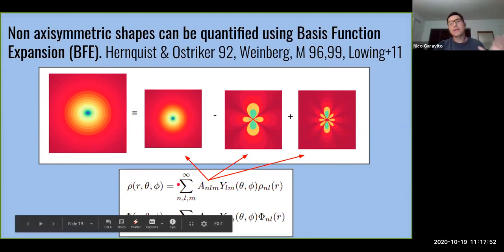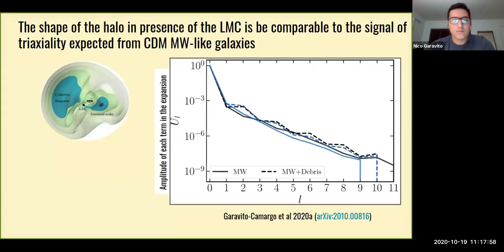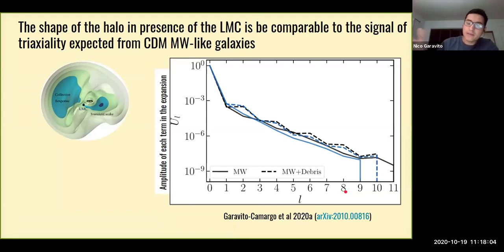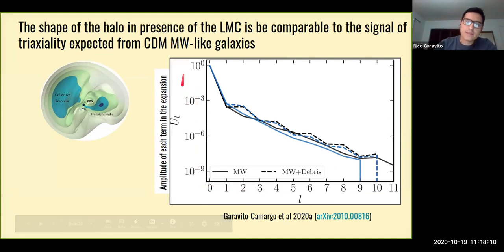So, okay, I did this for the Milky Way halo, both with the debris and without the debris. And this is what I get. On the x-axis is the order of the expansion. So 0 is the monopole term, 1 is the dipole term, and so on. And on the y-axis is the amplitude of each term.